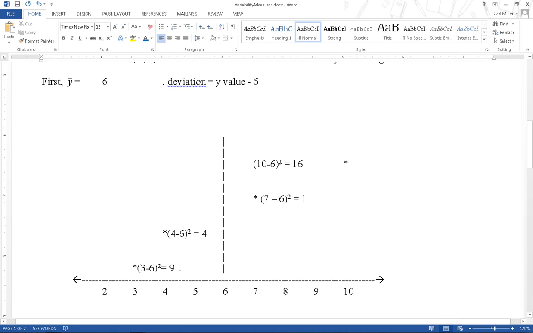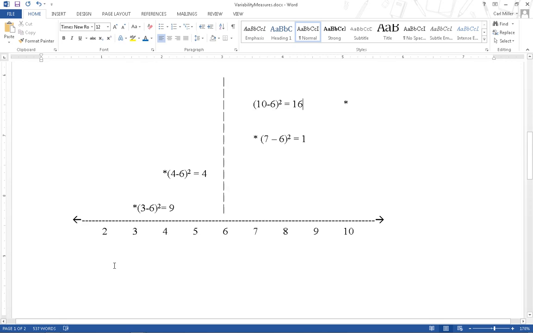And the squared function is a very nice function to work with in mathematics, so that's why we really use it. But because I've squared everything, what I'm actually going to be calculating initially is a sum of squared deviations, or sum of squared distances from the mean.